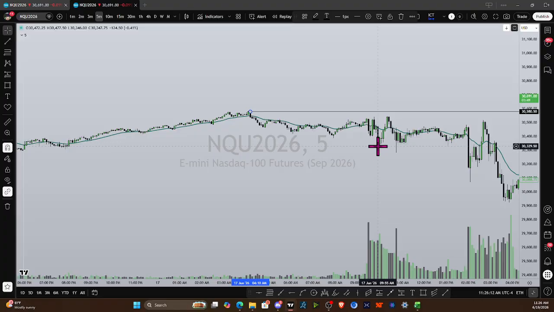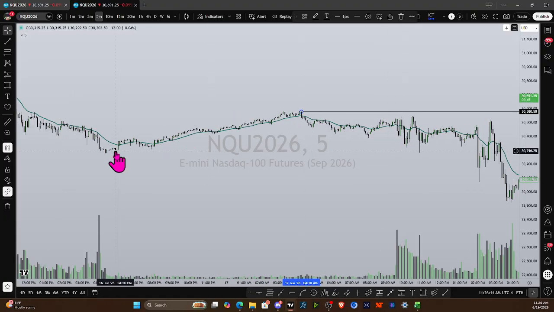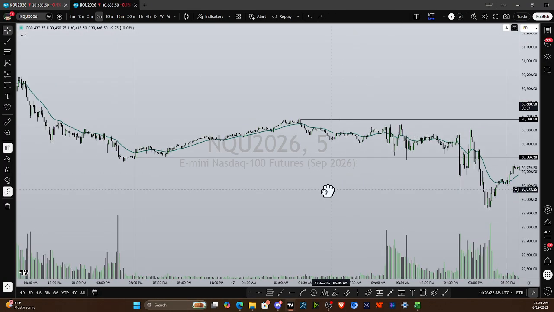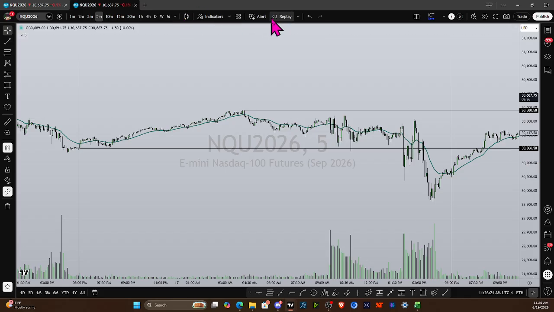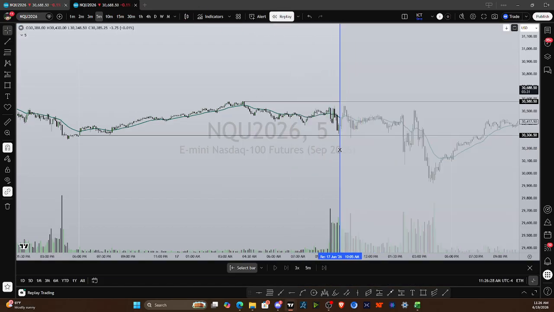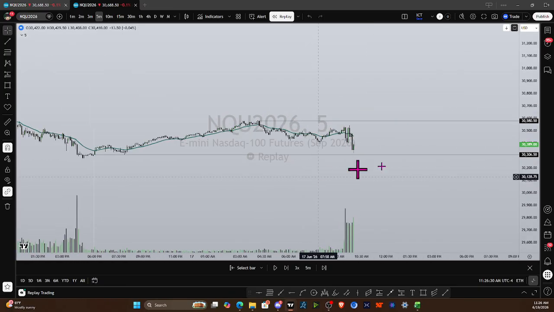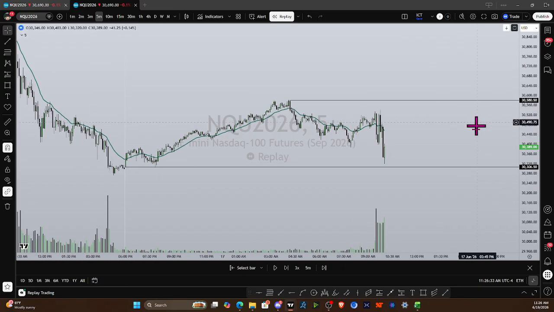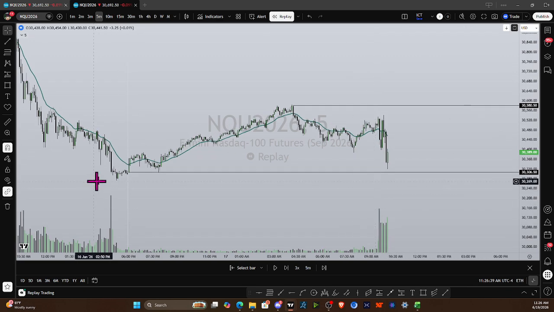Yeah, so we'll do the 17th. Okay, so June 17th, we're coming into the day, and we're looking for the same setup that we've been talking about right now. And we see overnight low, overnight high.